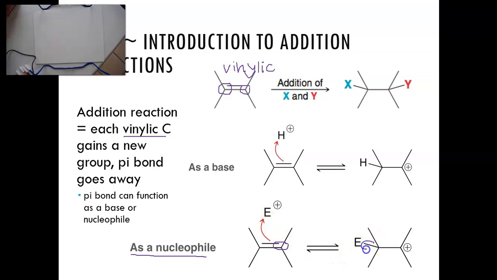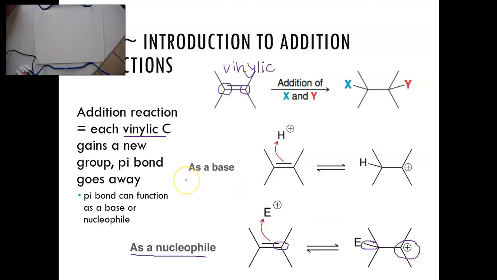So this bond right here is our brand new bond. The pi bond doesn't exist anymore because we reused those electrons. But as a result, the other vinylic carbon is now a carbocation because it lost its fourth bond.